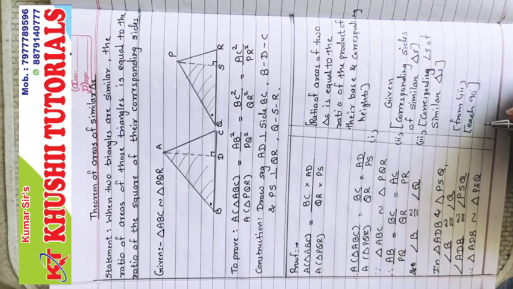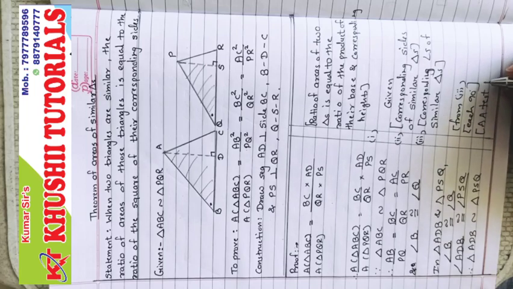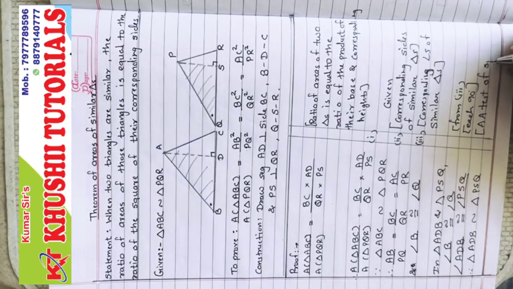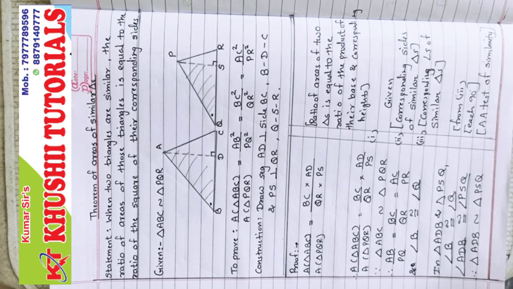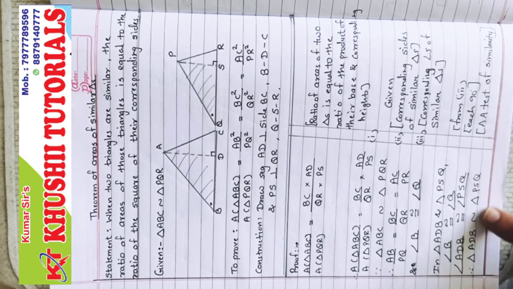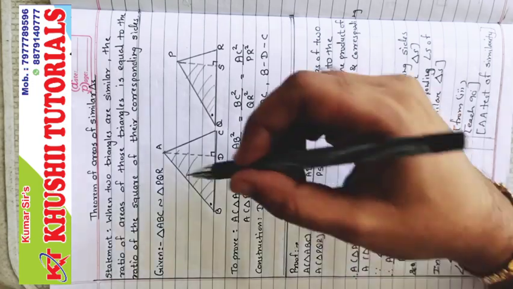Reason: AA test of similarity. That's all. So we have proved the second pair of triangles is also similar, triangle ADB similar to PSQ.